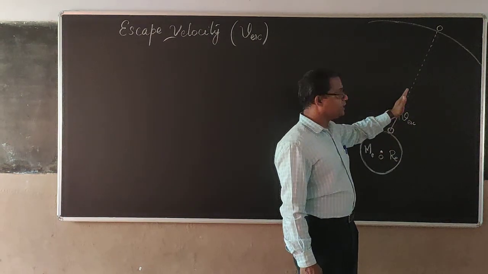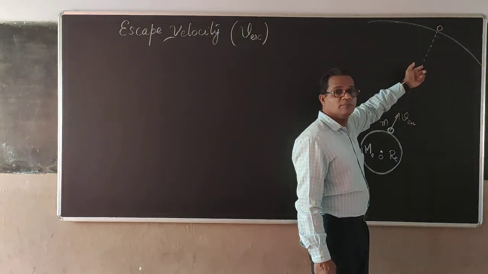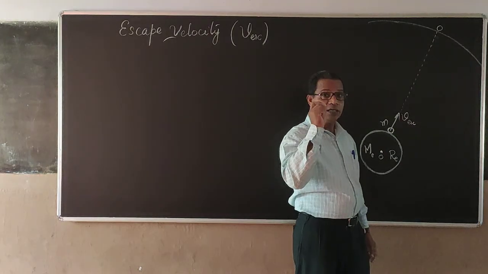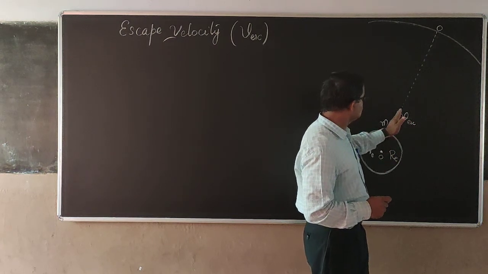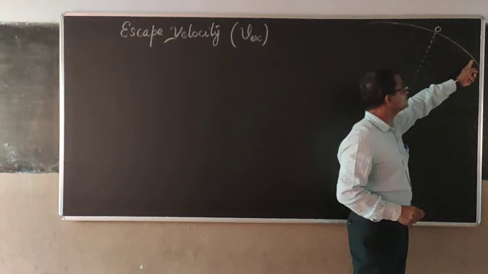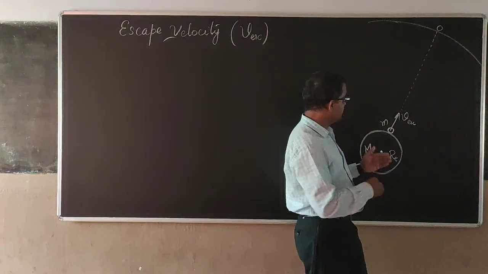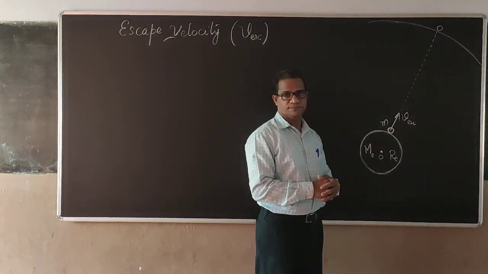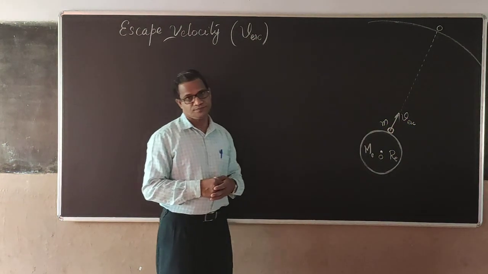If I increase the speed again and again, I can see that it is going higher and higher, but still coming back. But if I throw with a particular greater velocity, the body just goes out of the gravitational field of Earth, or it is escaping from the attraction of Earth. It won't come back. It is free from the attraction.